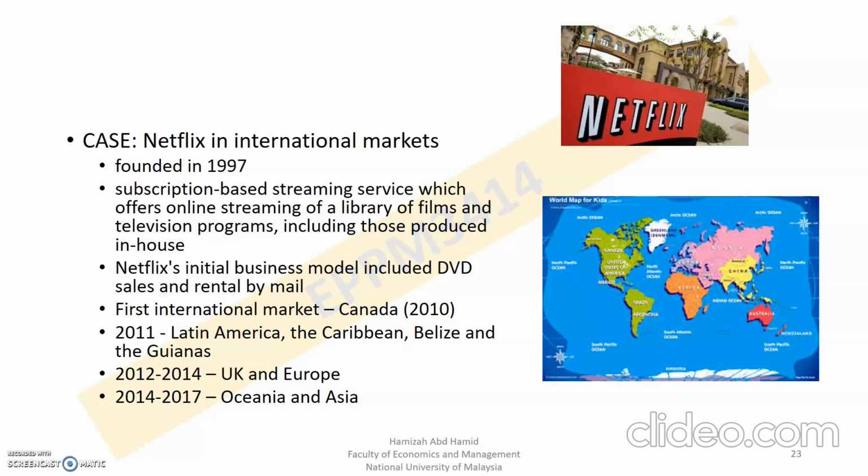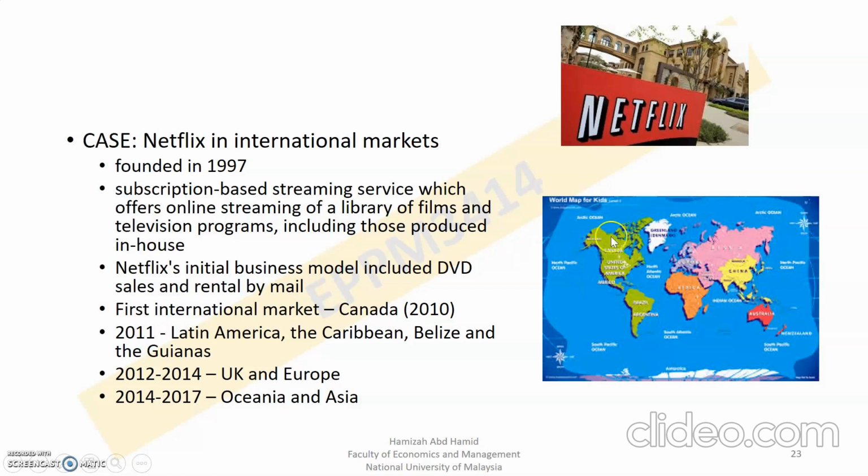Netflix, as we all know, originated in the US. The US and Canada are very near, with not much cultural difference, but it took them more than 10 years to venture into its first international market, which is Canada.